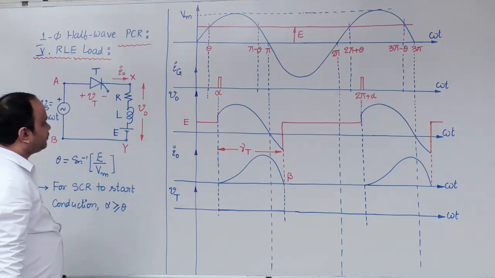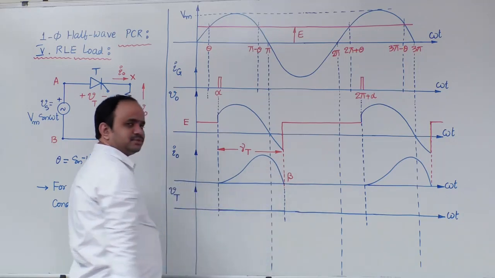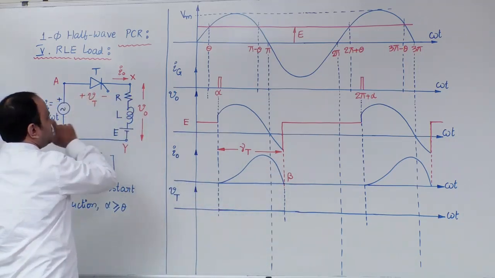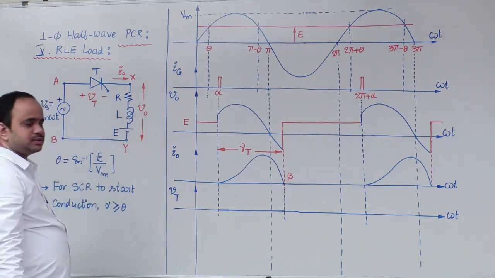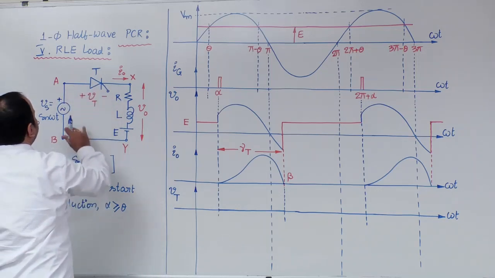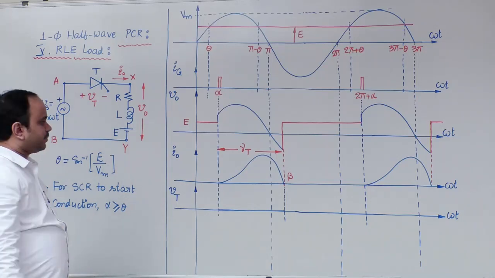Observe carefully. After beta, once the device current becomes 0, the voltage drop across the resistor will be 0. The voltage drop across the inductor is also 0. Then the voltage across SCR will be the same as the sinusoidal value minus load EMF E.